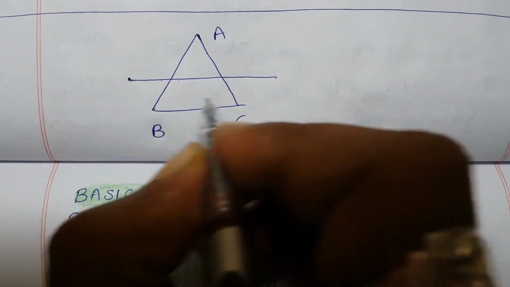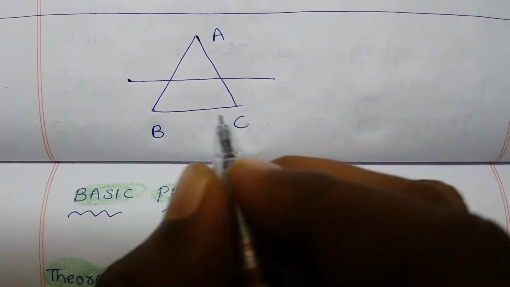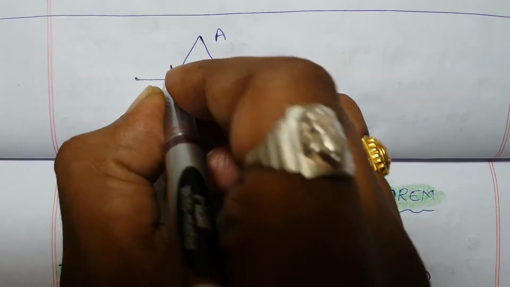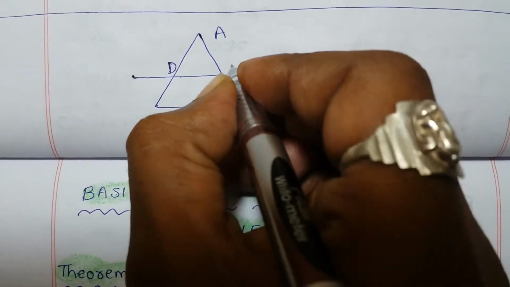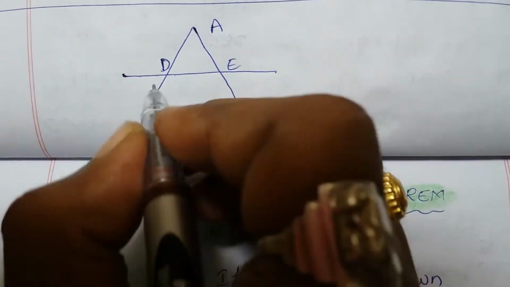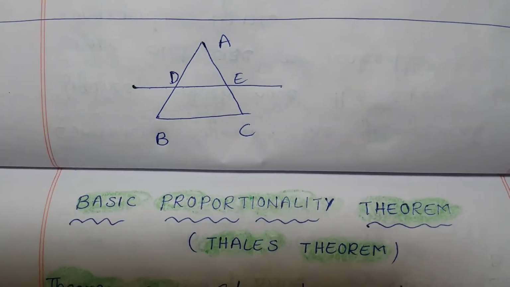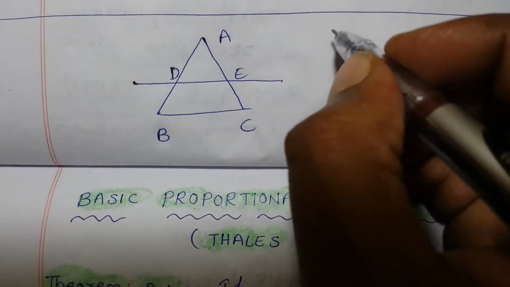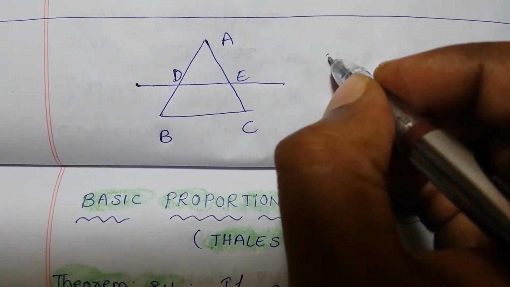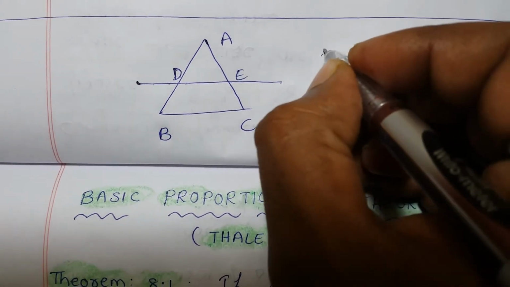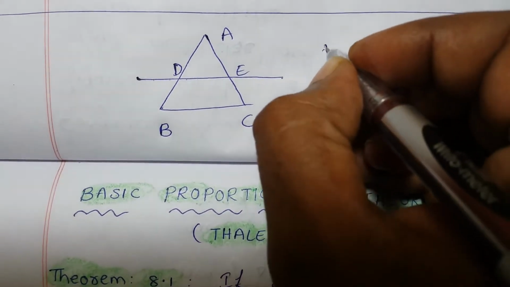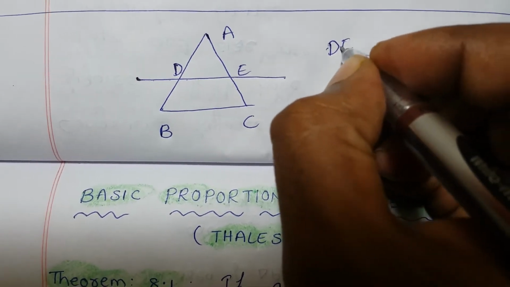So here I am drawing a line that is parallel to BC. That line intersects the other two sides at D and E, and we have to show that it divides them in the same ratio. So DE is parallel to BC, which we have drawn.